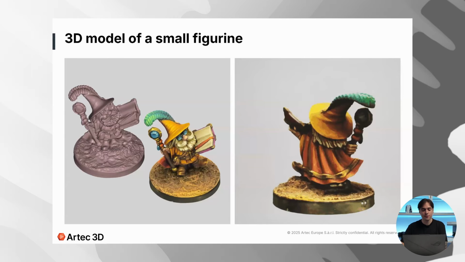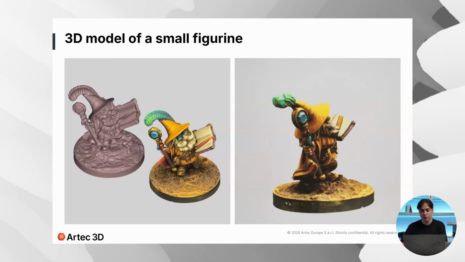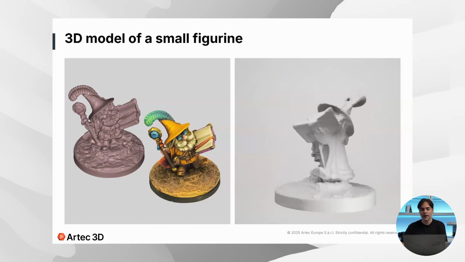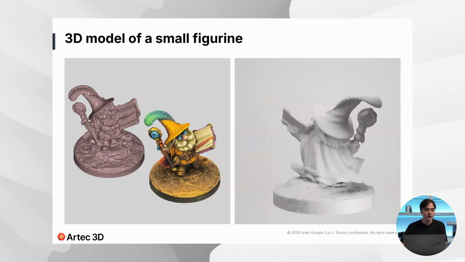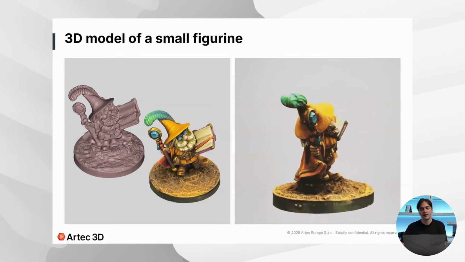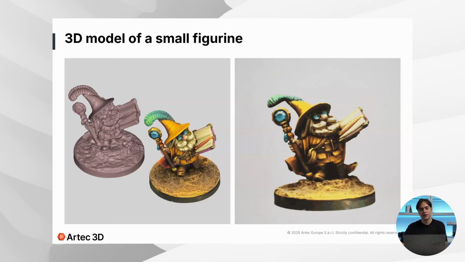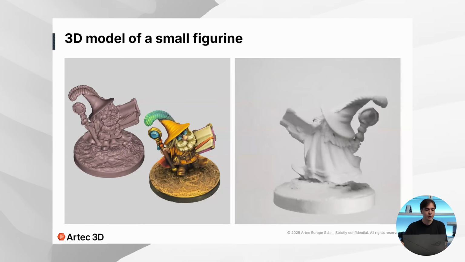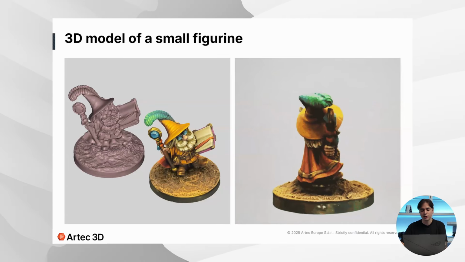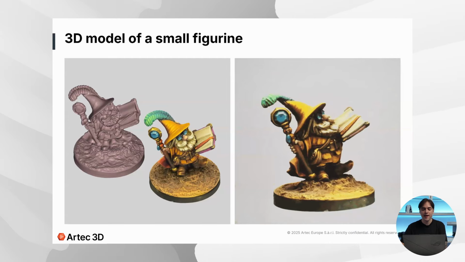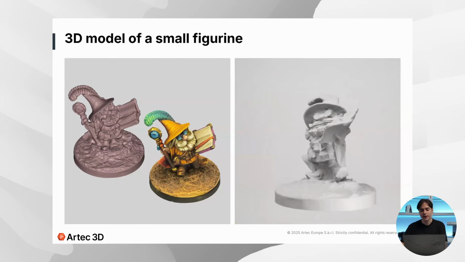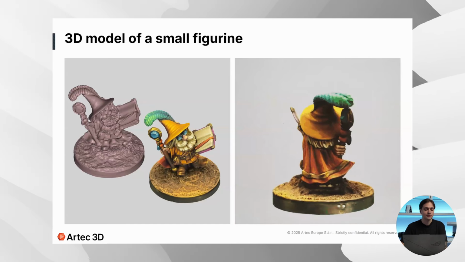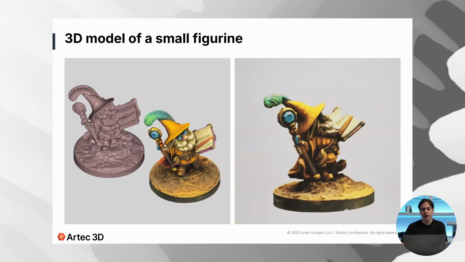Here you could see both the geometry and the texture, and obviously how it looks under lighting in the render on the right. We have filmed it inside a light box, and you could see that the colors turned out really evenly. And in terms of geometry, we got a really nice reconstruction. You could see that the cape on the back of this figurine got reconstructed nicely, and the bird looks really pronounced.